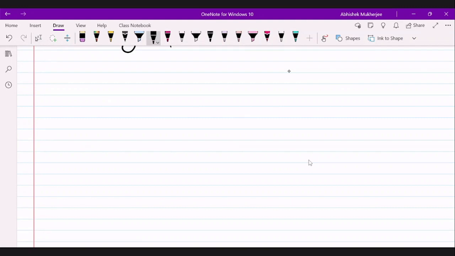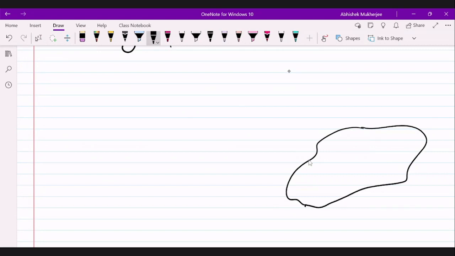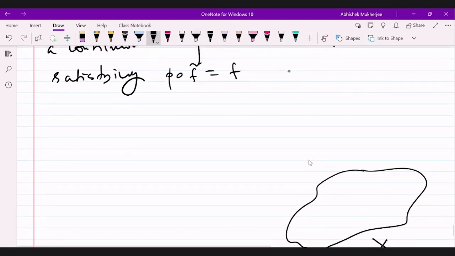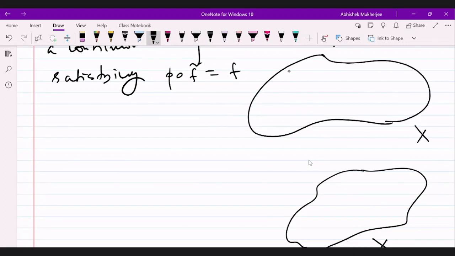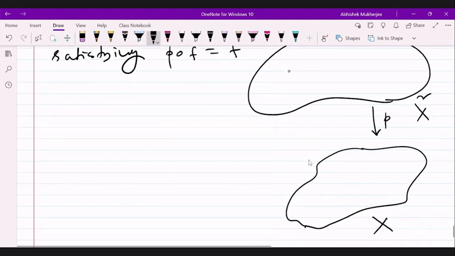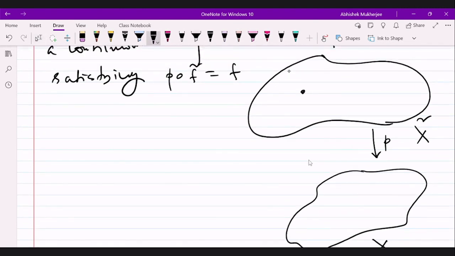So suppose this is your x, and this is your x tilde, and there is a covering map which is p, satisfying that if you take some e naught here, that e naught will be mapped to some b naught.